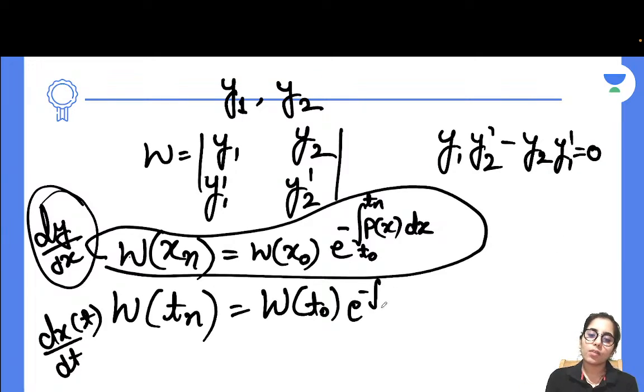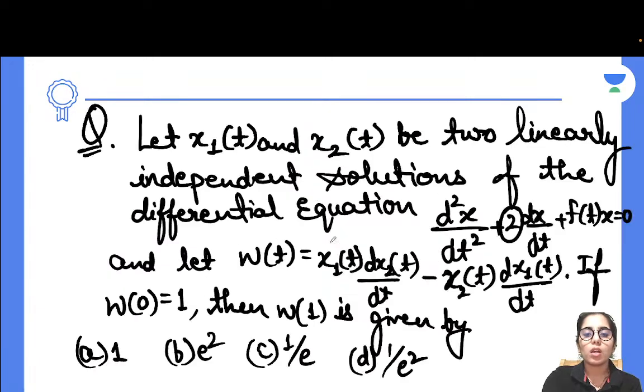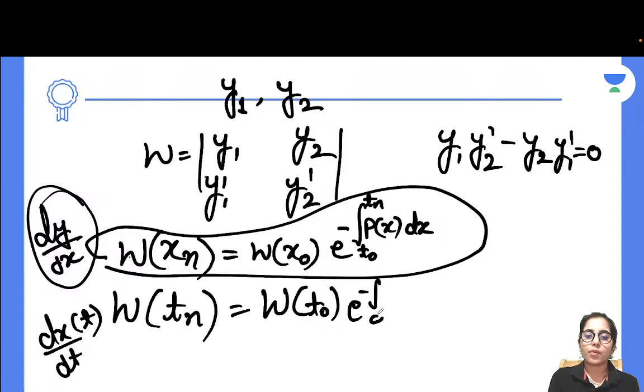So t naught is 0 and the other limit is 1, because you can see the lowest value and the other one where you have to find it. So 0 to 1, right? And p is what? 2. And dt, because this time it's not dy over dx form, it is dx over dt form. So we are going to have t everywhere.